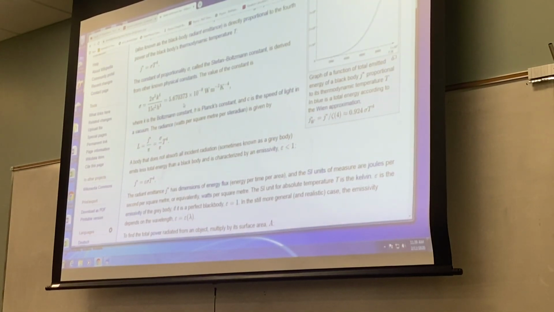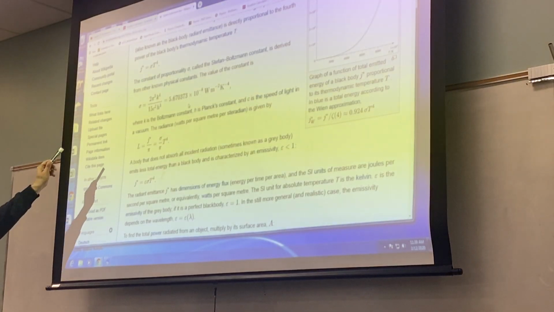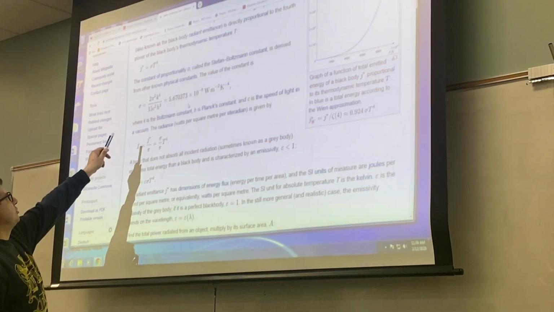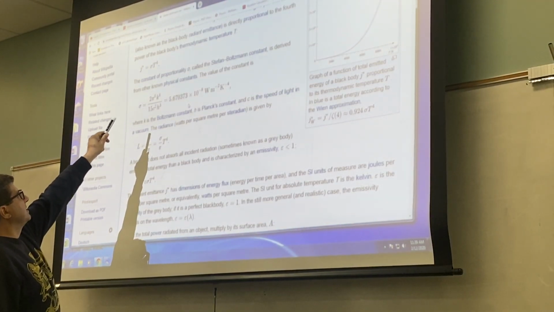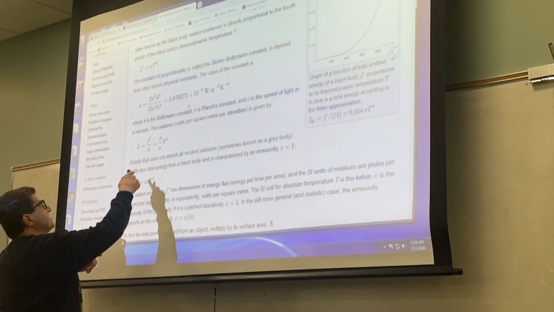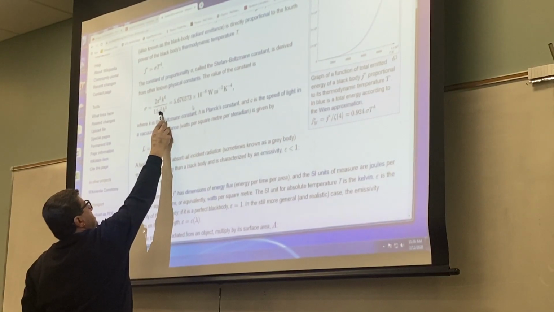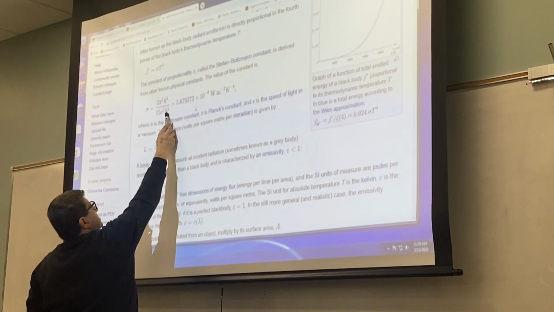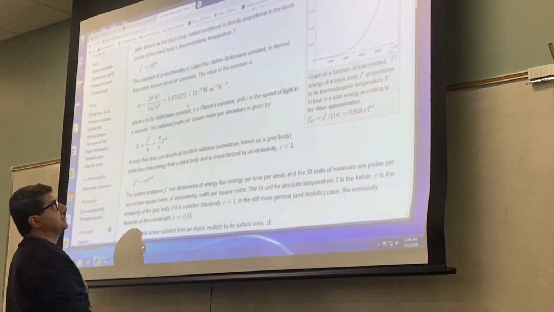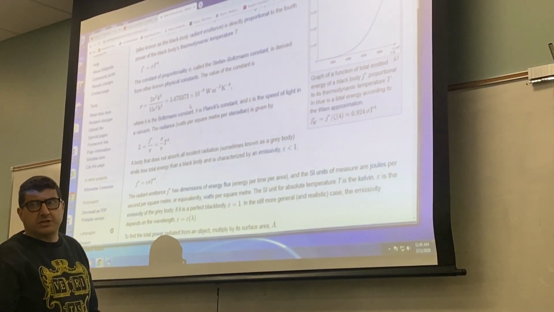Crazy equations. There's this constant called the Stefan-Boltzmann constant, which is related to pi, k, the Boltzmann constant, the speed of light, and Planck's constant. So this is a universal constant, and it tells you how much an object will emit.